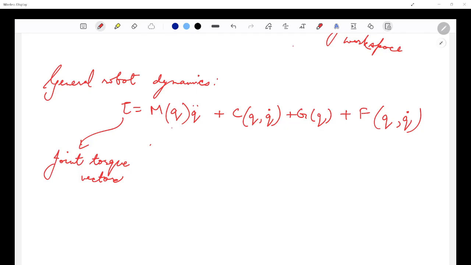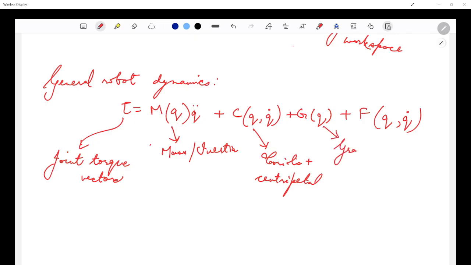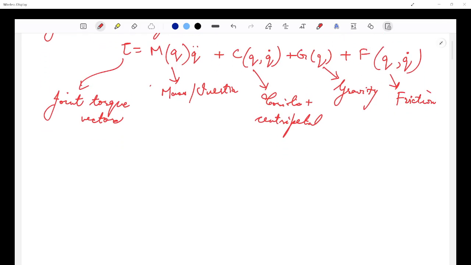M(q) is the mass or inertia matrix, and it is configuration dependent, right? The C term contains Coriolis plus centripetal effects. G is the gravity vector, and F(q, q dot) covers other forces acting, like contact force or friction force. So this is an example of a non-linear coupled system.